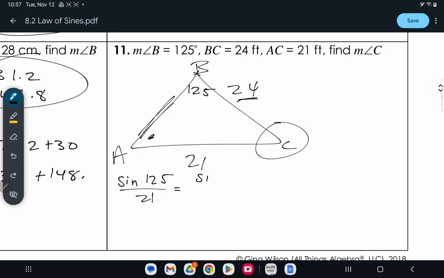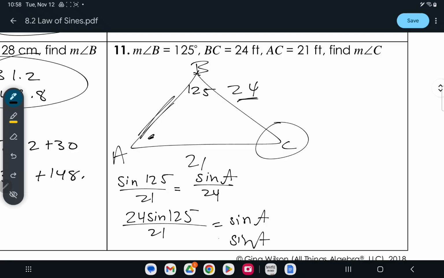So sine of A over 24. So 24 sine of 125 over 21 gives me sine of A. Now I gotta plug that in. So 24 sine of 125 divided by 21 gives me 0.9362.